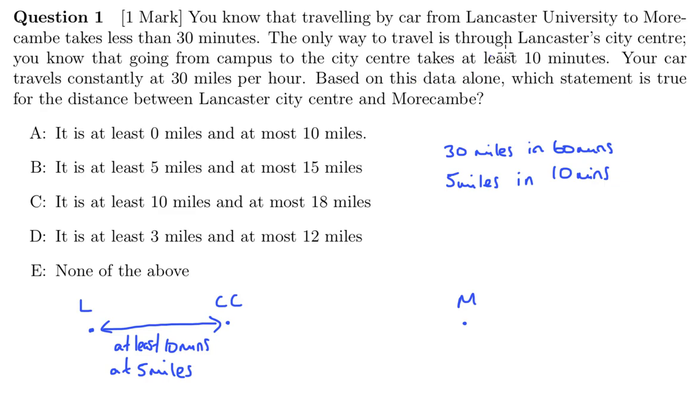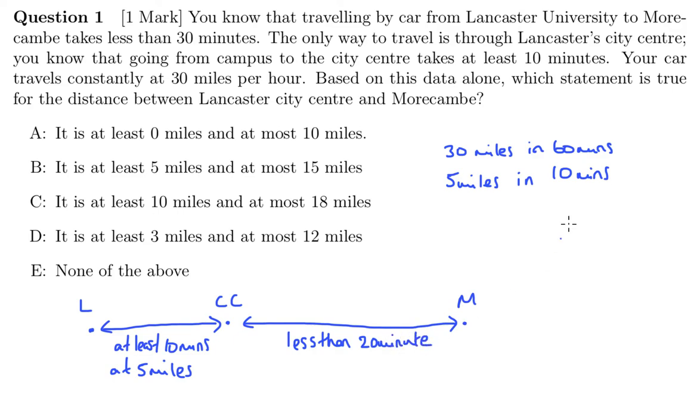It also says, if we go back to the beginning, we do it in less than 30 minutes. So this section must take less than 30 minutes. Less than 20 minutes.